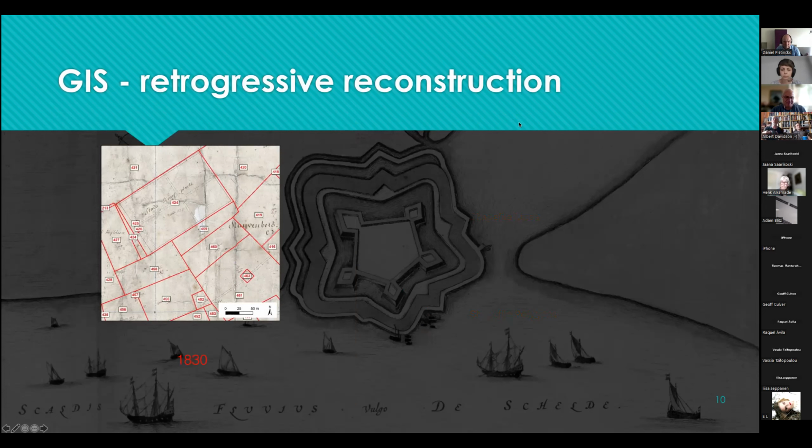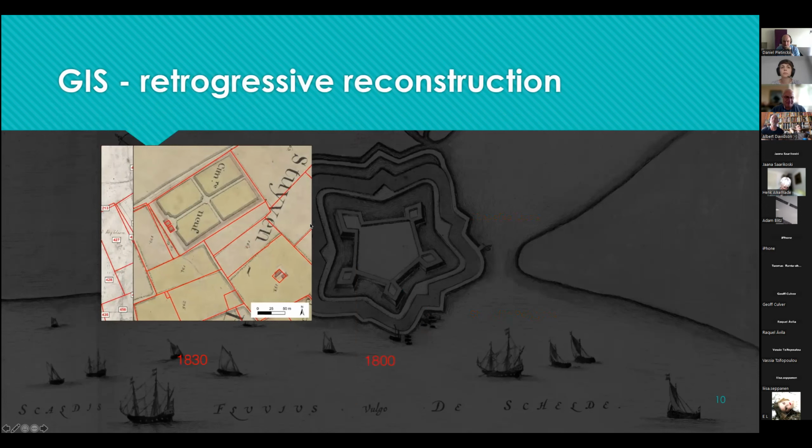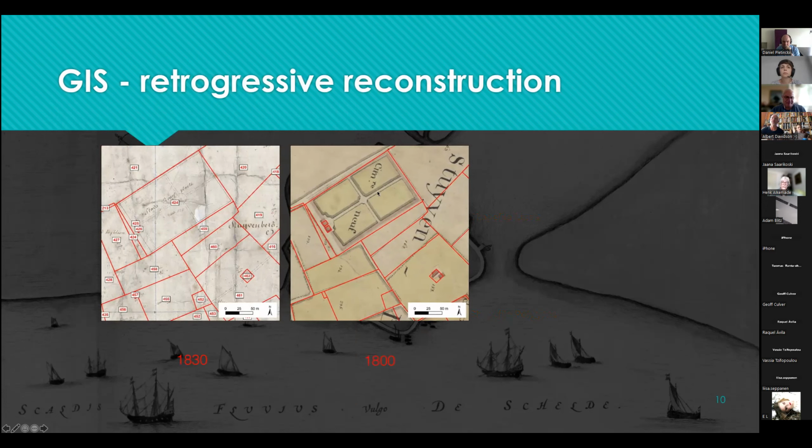If you have a certain map and you have information about that, and you see that all the parcels here have numbers and quite defined parcel boundaries, that information can then be linked to other maps, to other depictions of that.